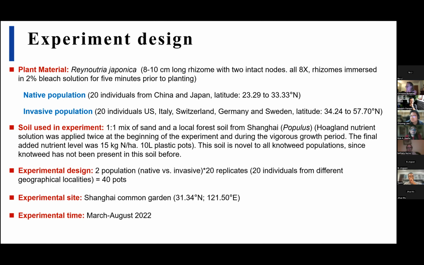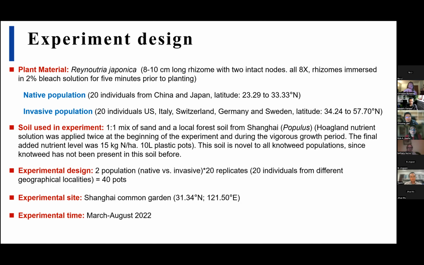So to address these questions, we conducted a common garden experiment in Shanghai. The experiment design includes two populations, the native and the invasive. Each of them has 20 replicates, individuals from different geographic locations.